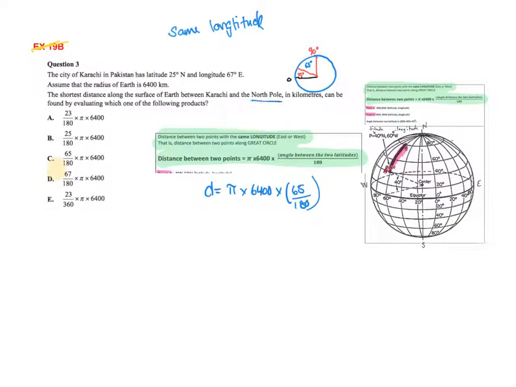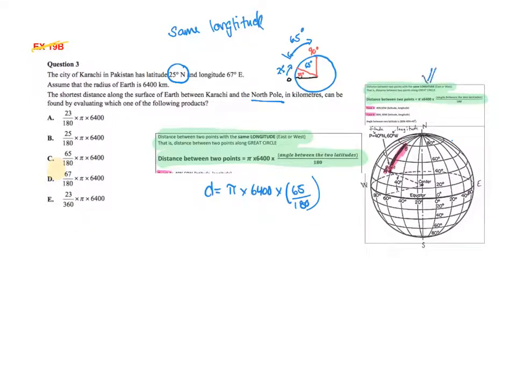Now, they're saying between the North Pole and Karachi, which is 25 degrees north. So what we said is they've moved up already 25 degrees. So how many degrees is in between them? How many does it take to go from 25 to 90? What is it? 65? Yeah? So you can see here, I've gone into my notes.